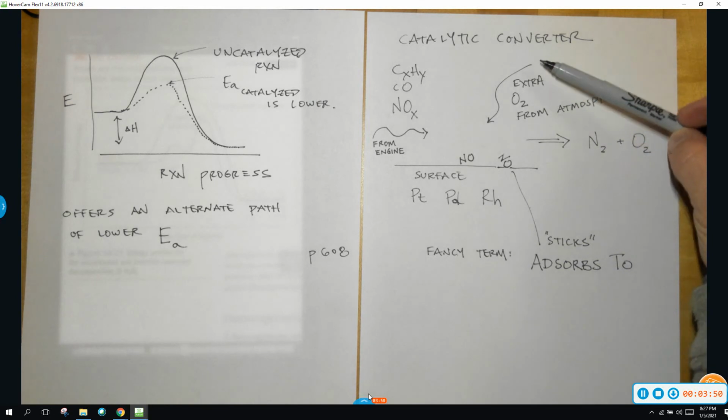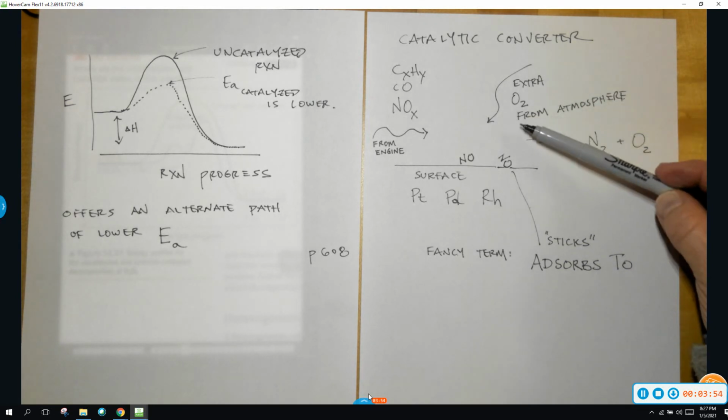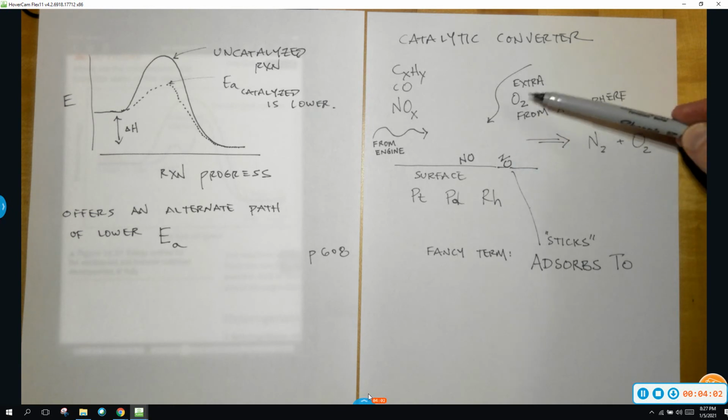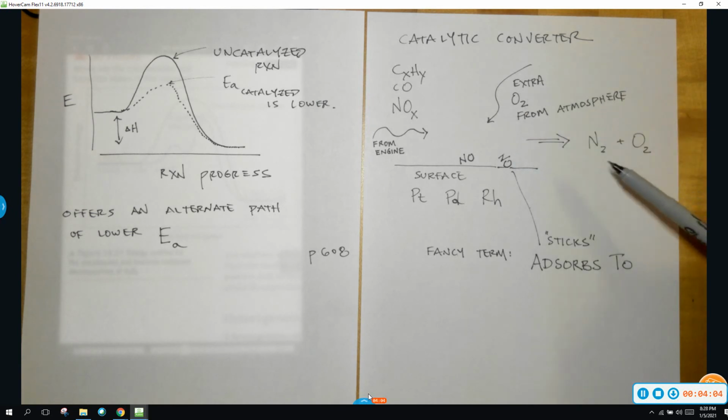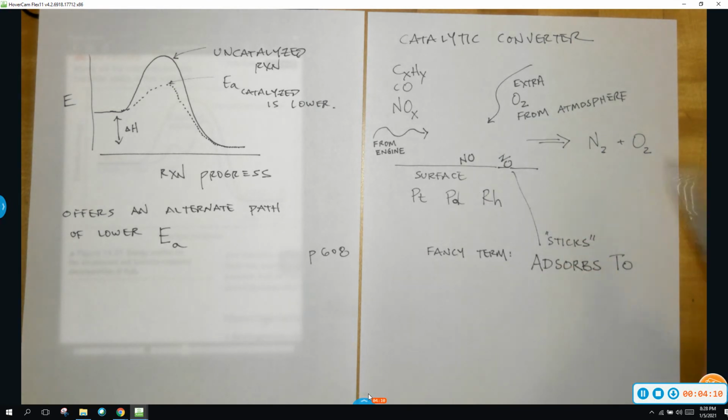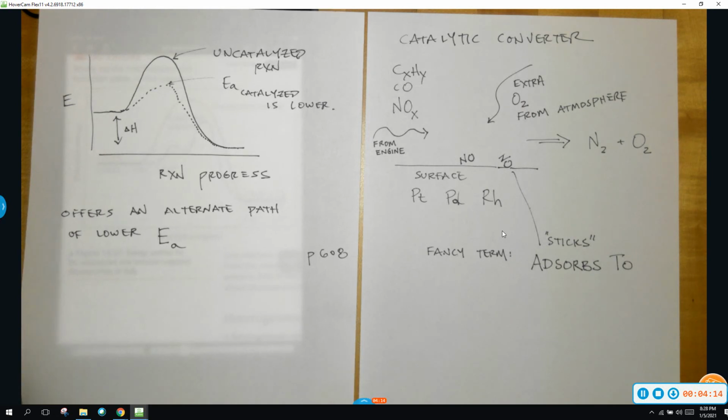It has an area where extra oxygen from the atmosphere can come in, and then part of the molecule sticks to the surface, the other part can be pulled away and react with the extra oxygen, and then we can get two nitrogens to come together to make N2, and we can get extra oxygen to go with those O's, and it'll give harmless nitrogen and oxygen.